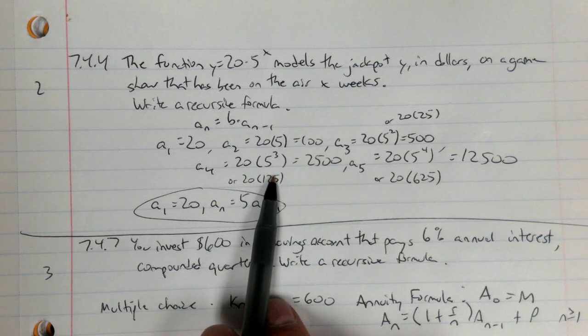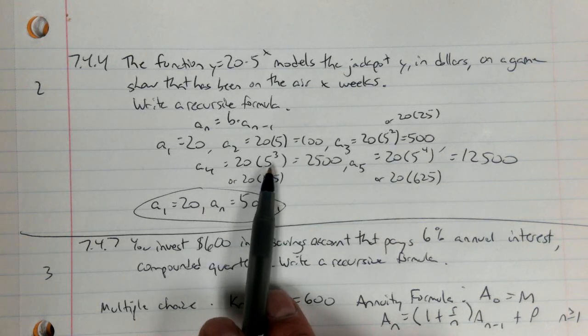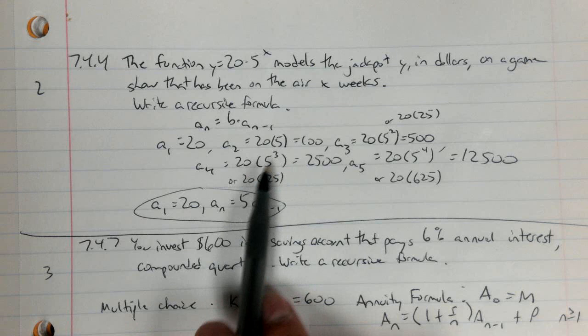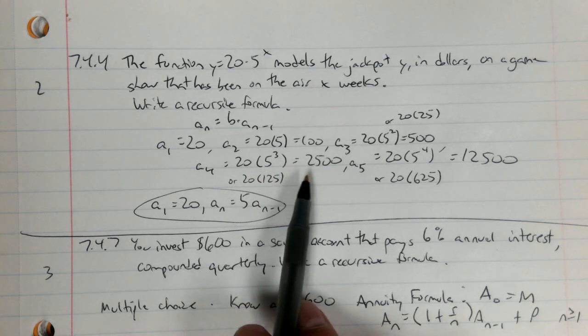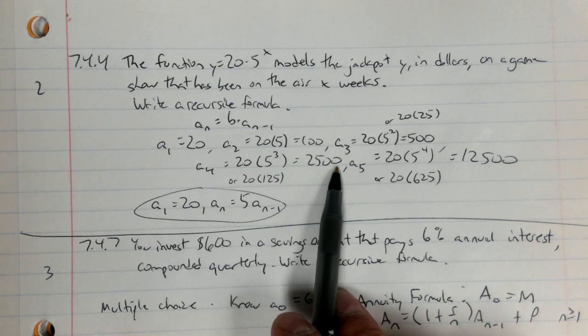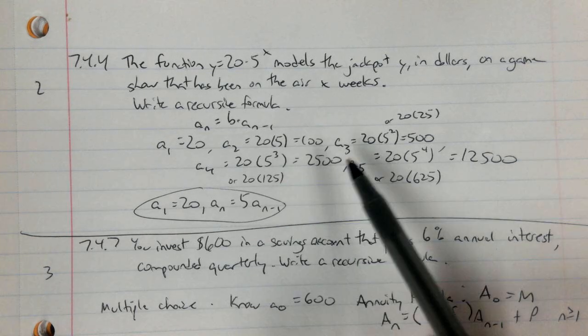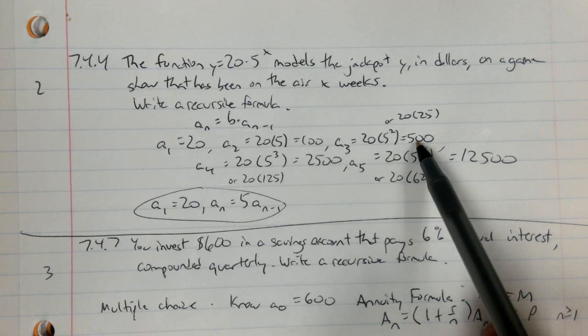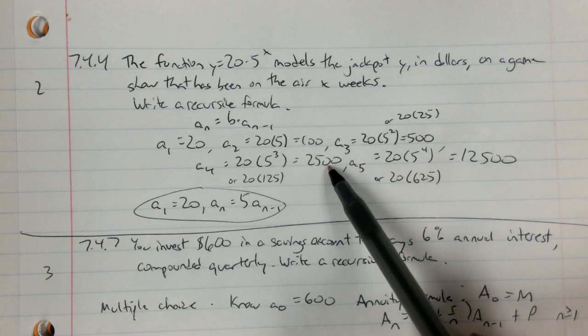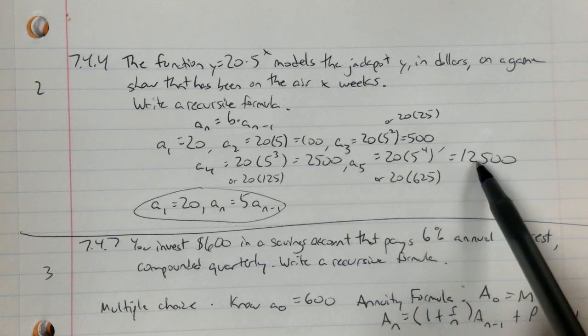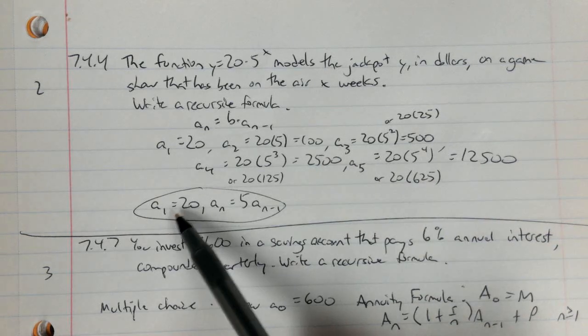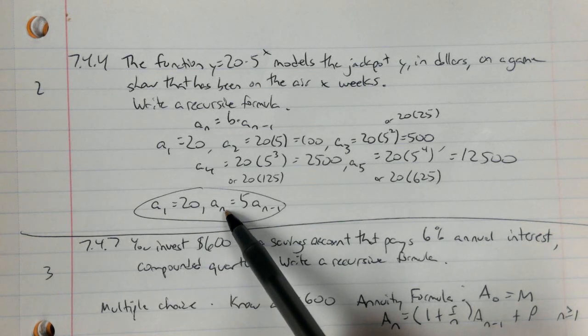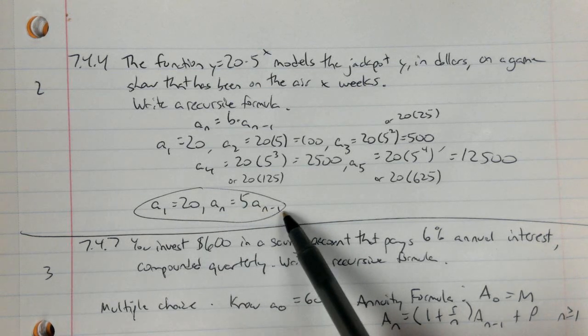And then on the next one, a_4 is 20 times 5 cubed, like 20 times 125, which is 2500. So again, if you just think of it as 100 times 5 is 500, 500 times 5 is 2500, and so on. So that means our formula is a_1 equals 20, a_n equals 5 times the previous term, a_(n-1).